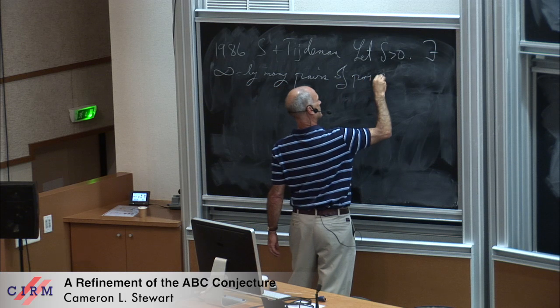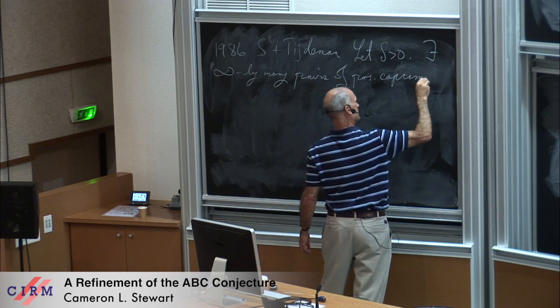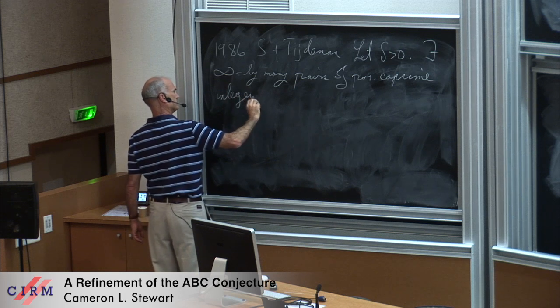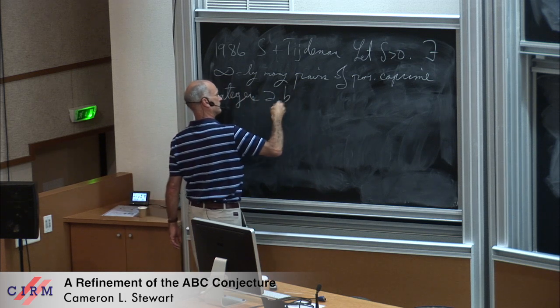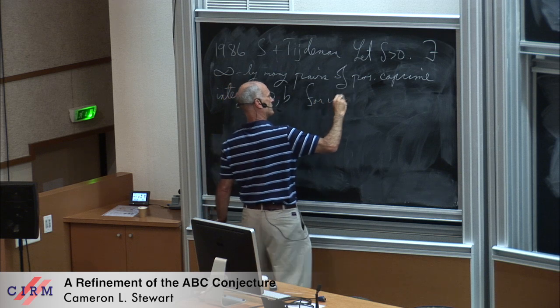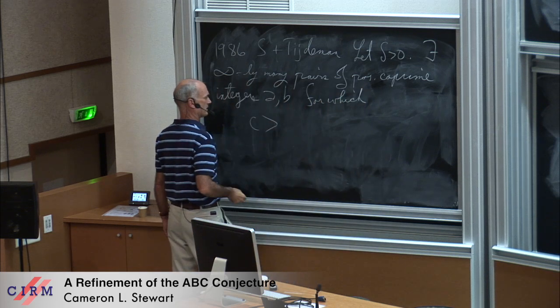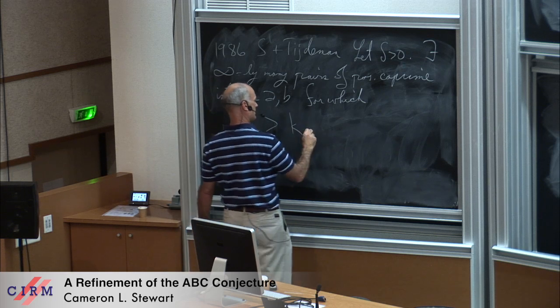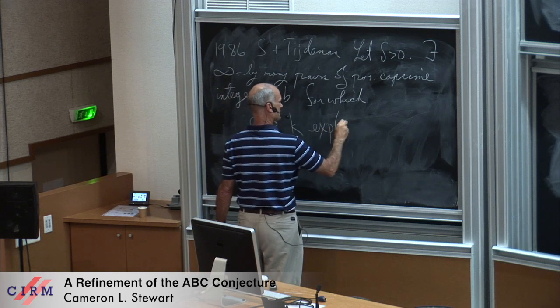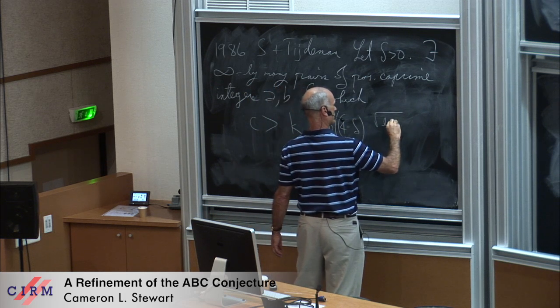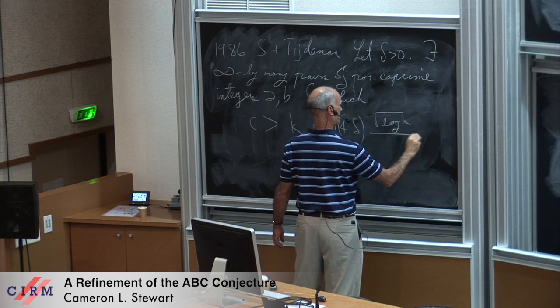positive coprime integers A, B, for which C is bigger than k e to the 4 minus delta square root log k divided by log 2k.